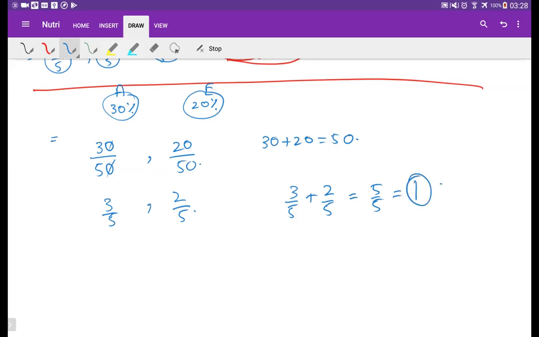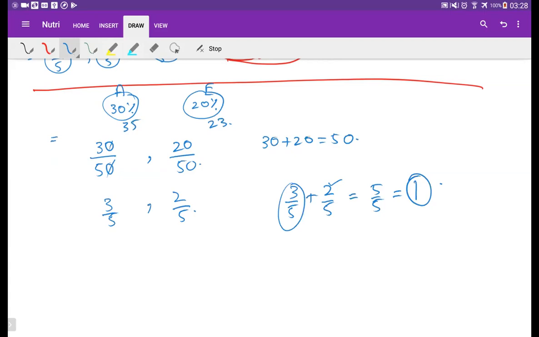So in reality, what I'm trying to say is that we divide the overall thing into 5 parts, 3 parts are yours and 2 parts are mine. You understand? This is how I'm distributing, even if I'm taking odd numbers like 35% or 23%, we still do the same thing.